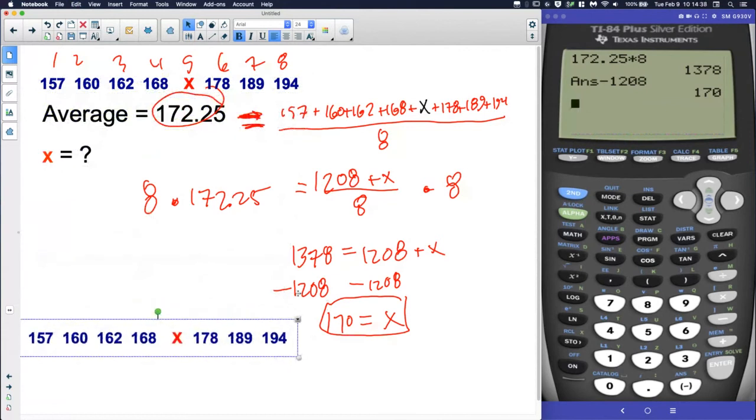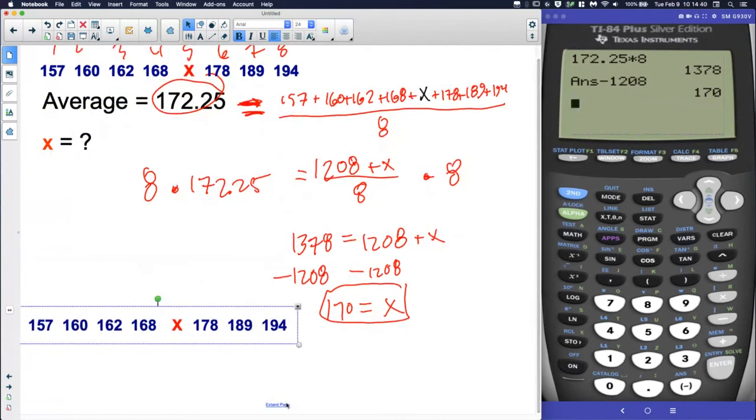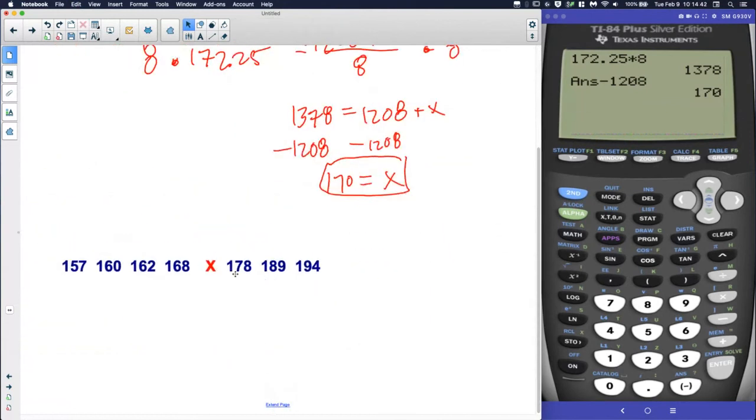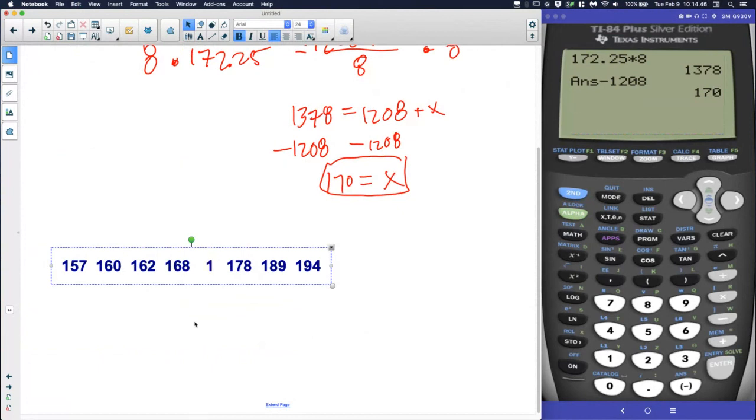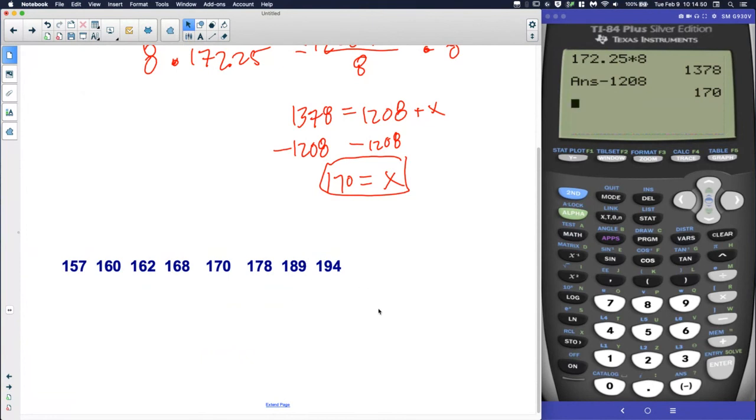Here we go. I'll put this down here. We're going to find the quartiles and all that stuff. So that was 170. All right. So what would be the median here? Well, if I wasn't going to use the calculator, which, I mean, it's up to you, I would say, okay, it's 8 numbers, which means I have to take the average of the 2 in the middle here.